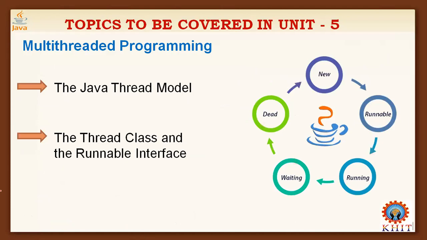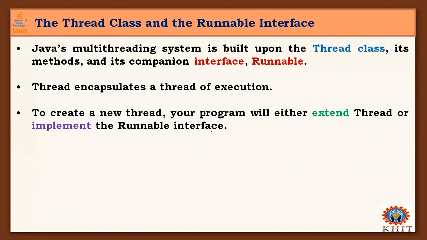And next one, the Thread class and Runnable interface. These are mainly used for creating threads. In Java, the multithreading system is built upon the Thread class and its methods. When we need to create a thread in Java, we must use either the Thread class or the interface called Runnable.